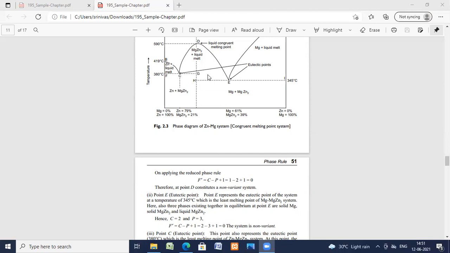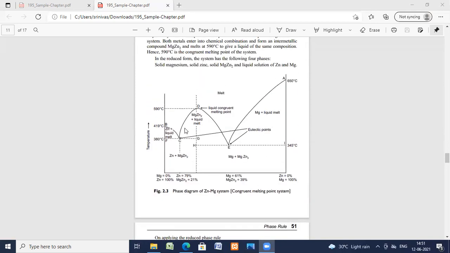Now at point C, Zn is in equilibrium with MgZn2, which is in equilibrium with solution. At point E, Mg is in equilibrium with MgZn2 and liquid. At point E, these three are in equilibrium: magnesium, zinc, and solution.